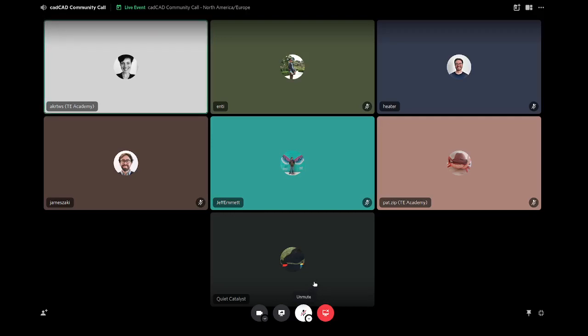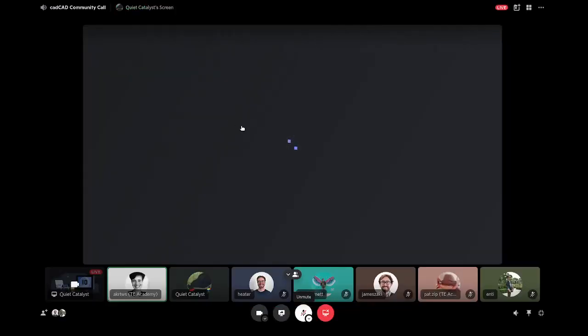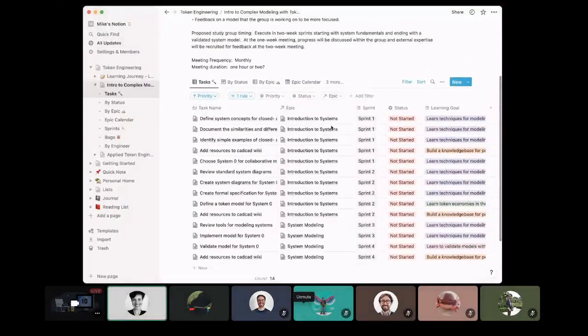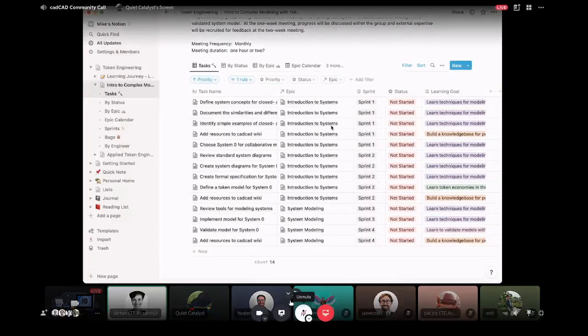I like the sprint structure a lot because it feels like even if you might have missed sprint number 1, you might still be able to catch up and join sprint number 2. I don't know how this looks in sprint number 4 or 6.